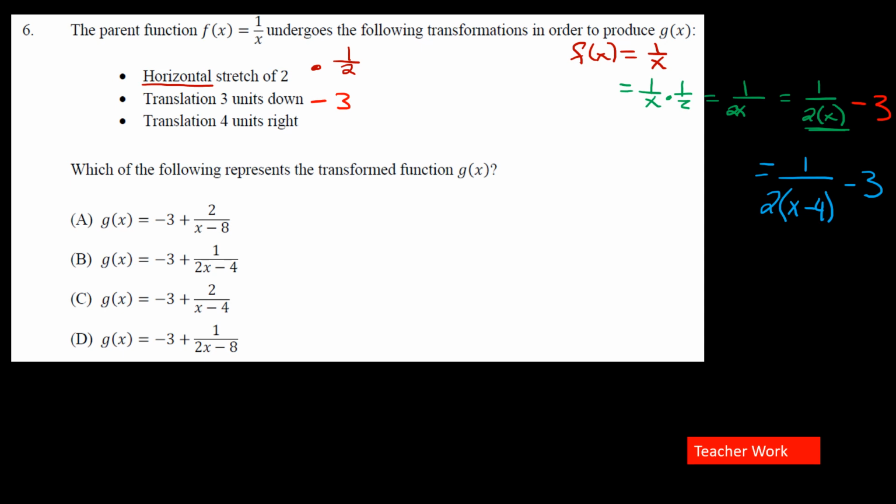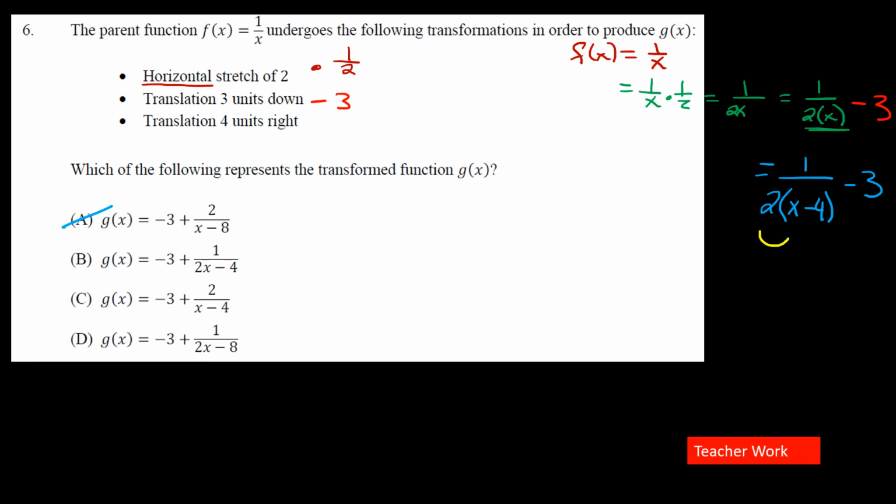So when I'm looking at this here, looking at our answer choices, well, they all have the minus 3s, so that doesn't help. Okay. We've got 2 over x minus a. No, that doesn't work. 1 over 2x minus 4. Well, if we distribute the 2, yeah, but remember we have to distribute to both factors.